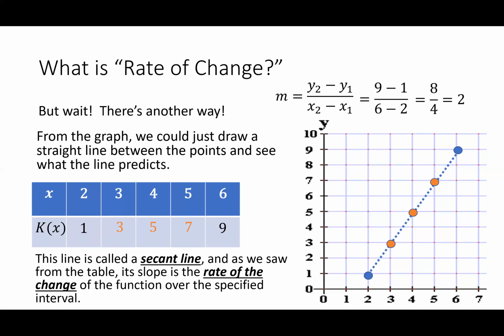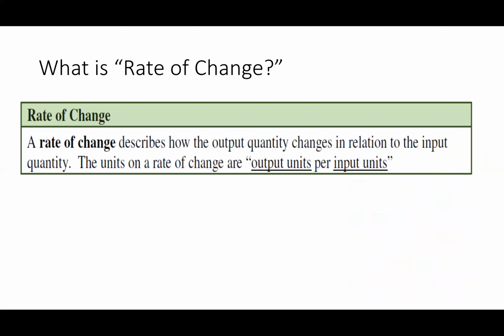That's really what we computed here. So a rate of change describes how the output quantity changes in relation to the input quantity. The units of change are output units per input units, so y values per x values, right?